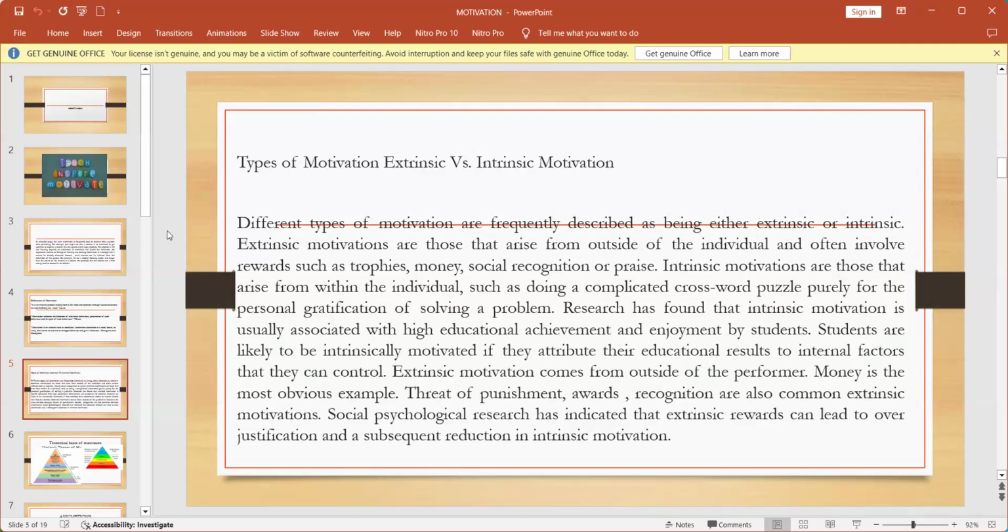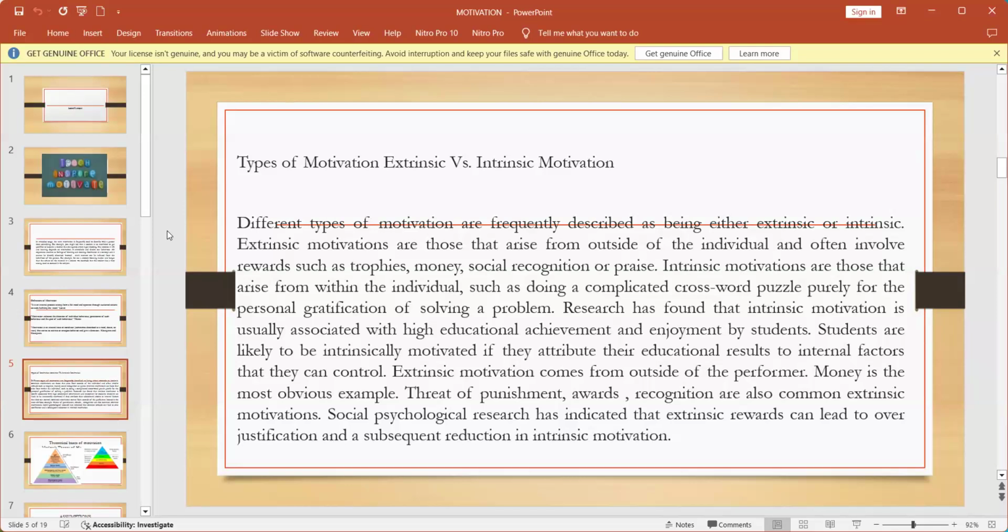But if you take intrinsic motivation, we are motivated to do something due to the happiness and inner need in us, for our own happiness and satisfaction. For example, you like playing the guitar. You're not an expert, so you're not going to make money out of it.